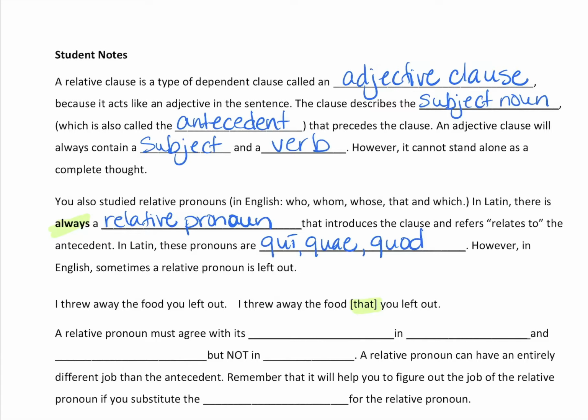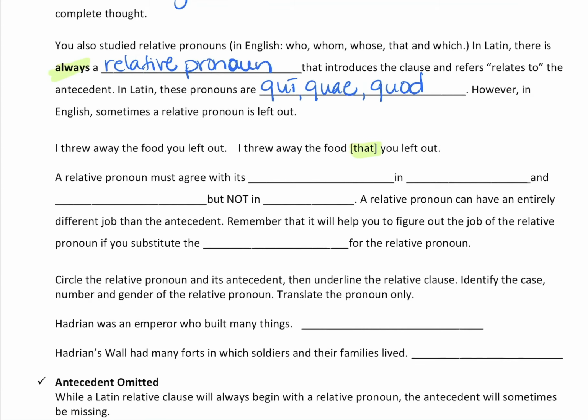So a relative pronoun must agree with its antecedent in number and gender, but not in case.